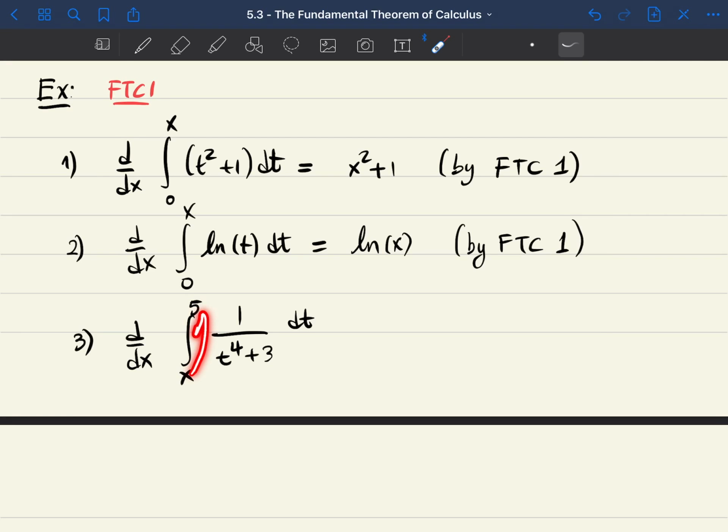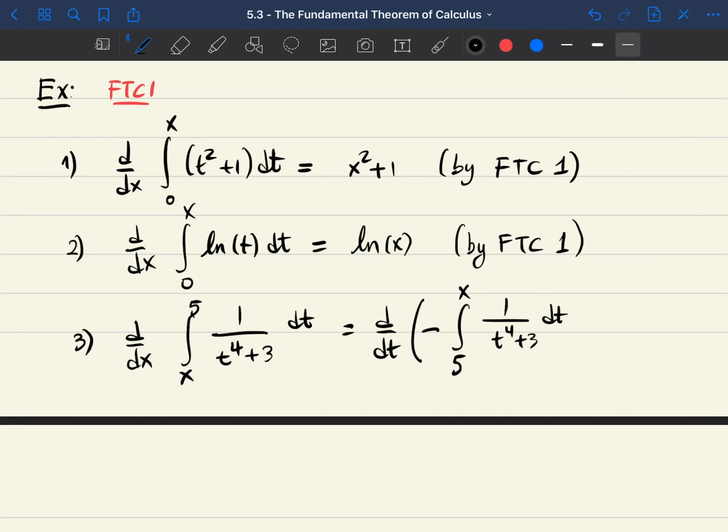So I have to bring x up here, which means, according to the properties of definite integrals, if you switch 5 and x, you have to multiply the whole thing by a minus sign. So I have minus the integral from 5 to x of 1 over t to the power of 4 plus 3 dt. Okay?